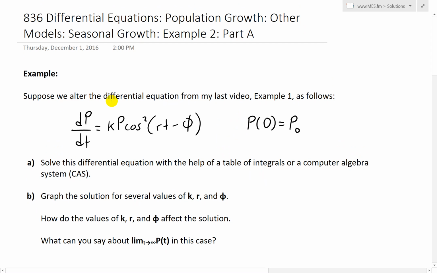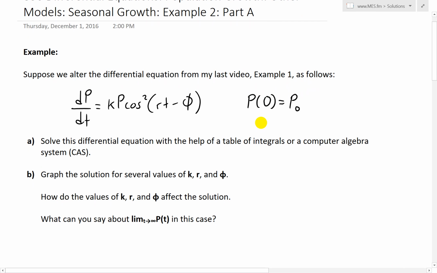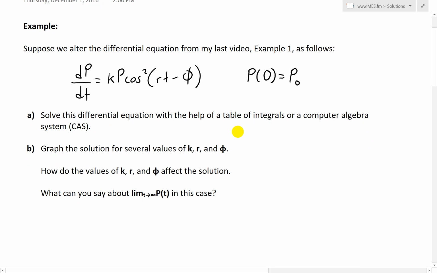Suppose we alter the differential equation from my last video, example 1, as follows. So again, make sure to watch example 1. This is the exact same as example 1, except there is this squared factor right there. That's the only thing we're doing. We added the squared cosine. The other one did not have the squared.